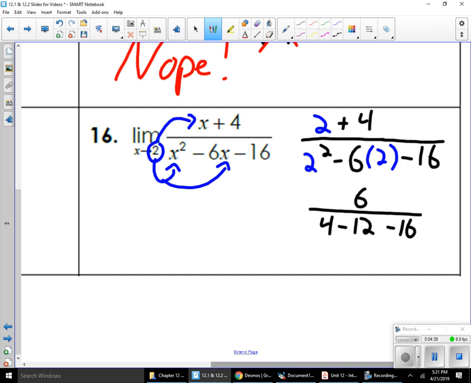So this looks like it is going to work out for us. 4 minus 12 is -8. -8 minus 16 is -24. And 6/24 is 1/4. So that one did work out for us.